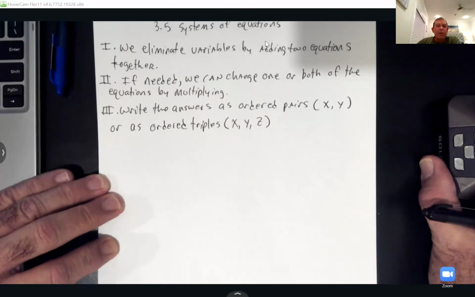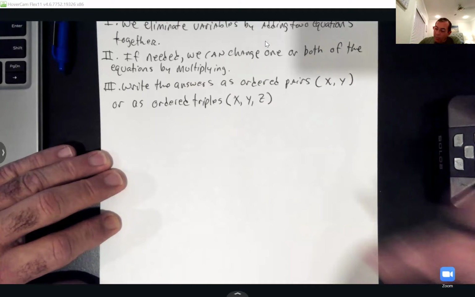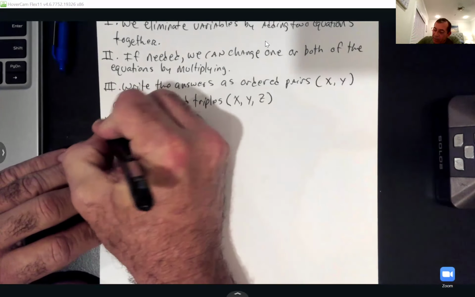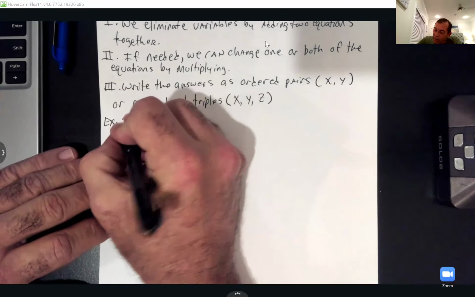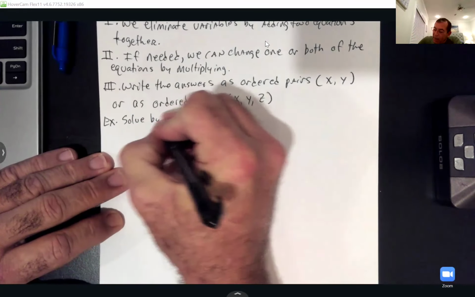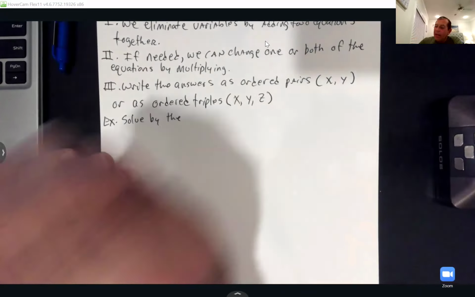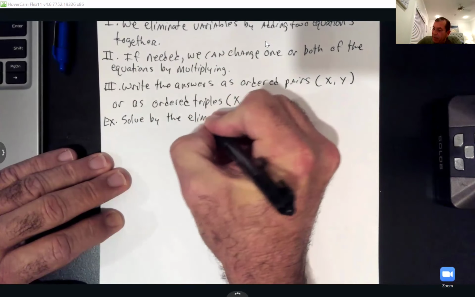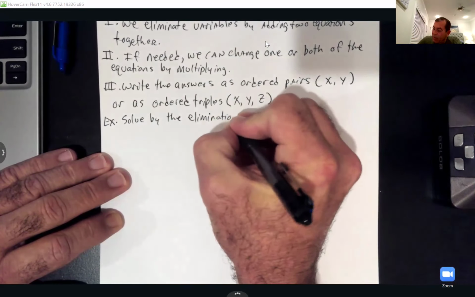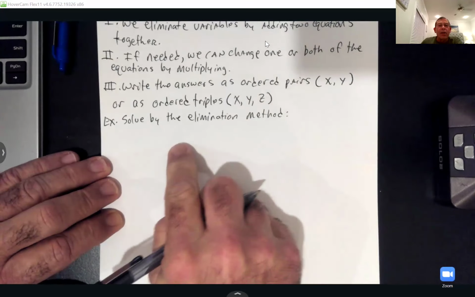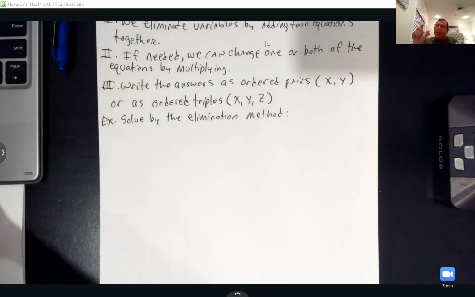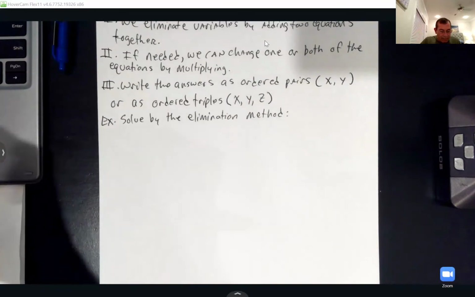So y'all, what I'm going to do, I'm going to start our first example, and we're going to solve by the elimination method. And they call it elimination method because we're eliminating the variable as we go through, okay?